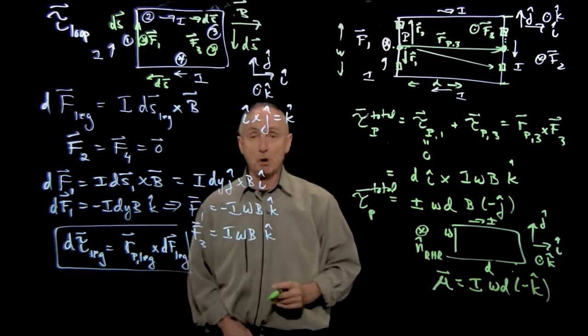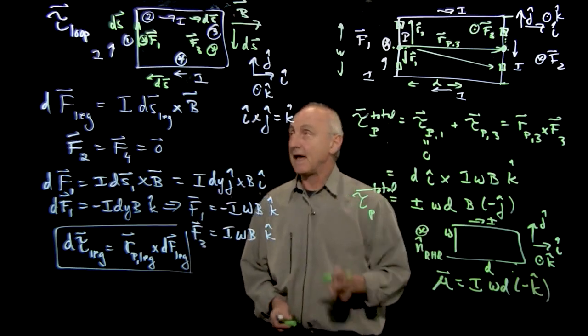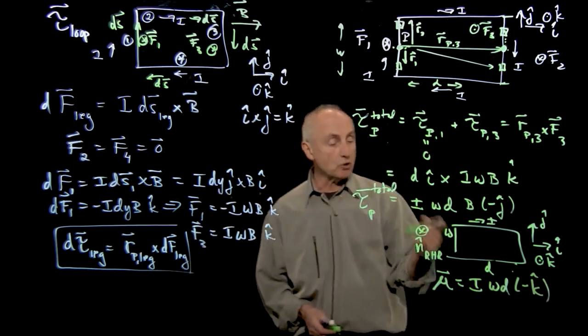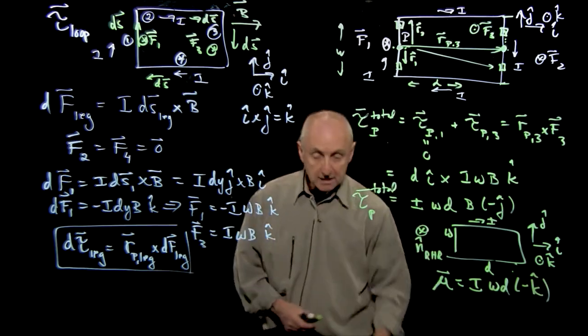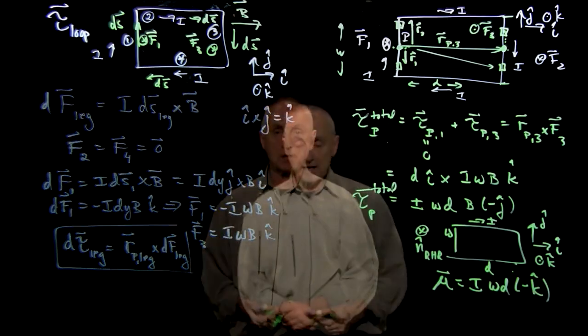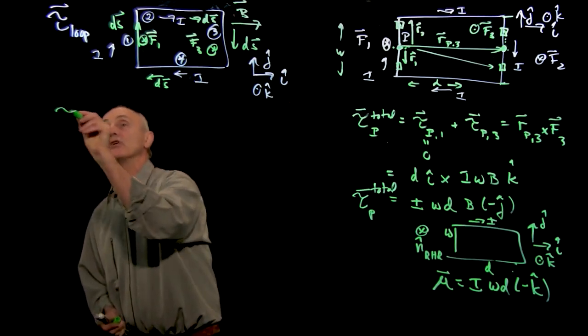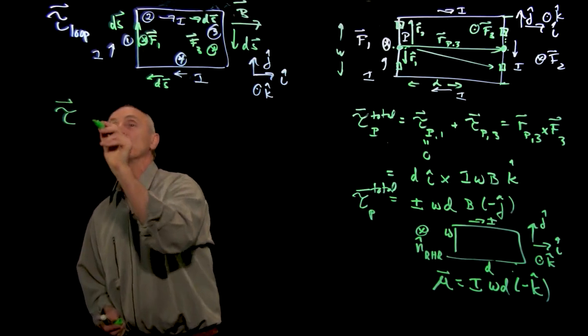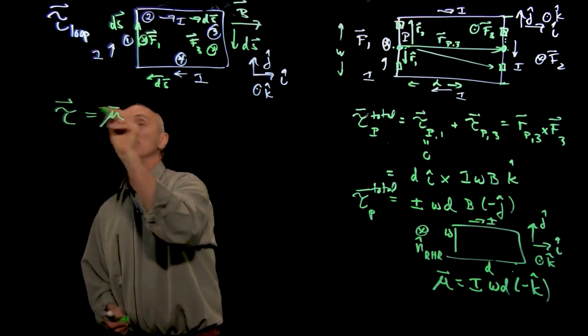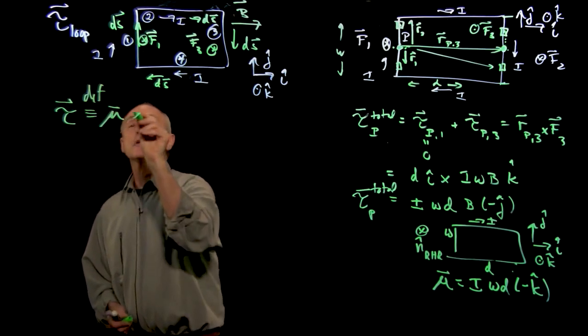So that's our magnetic moment associated with this current loop. And now, when we want to calculate the total torque, we want to look at it in terms of our magnetic moment. So we define the torque on a current loop in a uniform magnetic field as mu cross B.